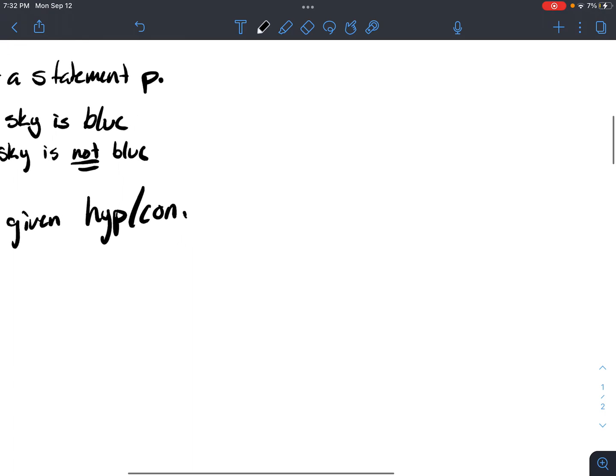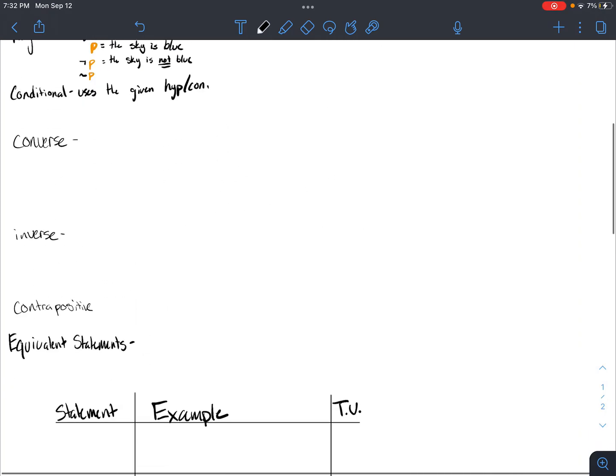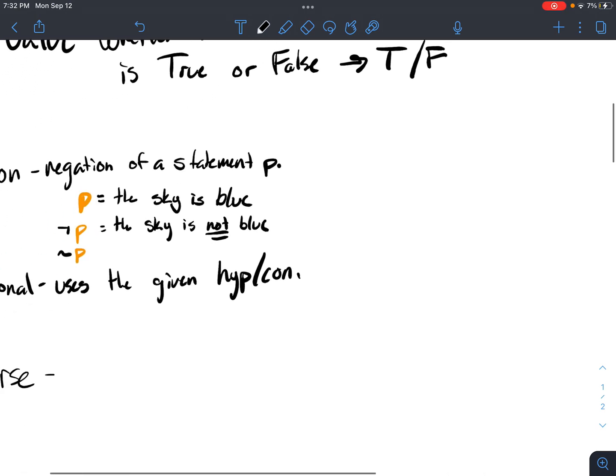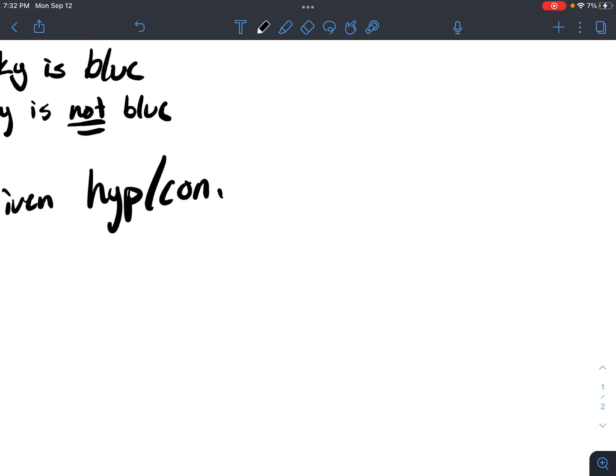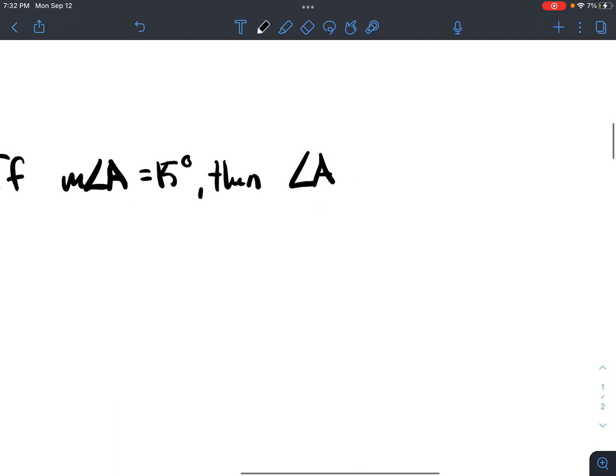So for this example that we are going to use, we are going to be talking about an angle. So if the measure of angle A is equal to 15 degrees, then angle A is acute.